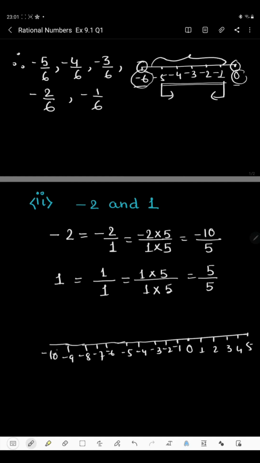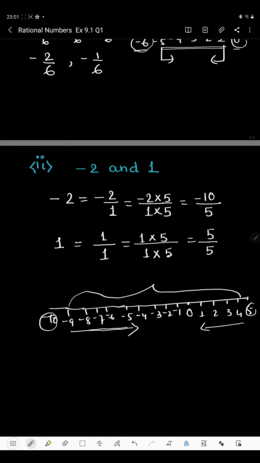That means this is our limit, -10 and 5. We will have to write the numbers in between. Since we have to take 5 rational numbers, we can take any 5.